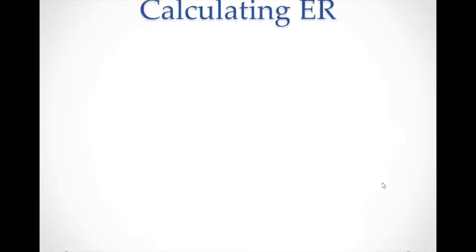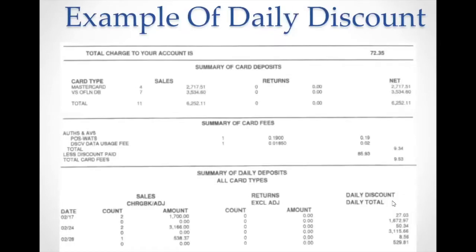Now, on most daily discount, they'll also have a list of their batches. So this is another way that you can see it. This right here shows the date and the batches. This is the amount they batched. If you go over here, this is the amount that was actually deposited into their bank account.